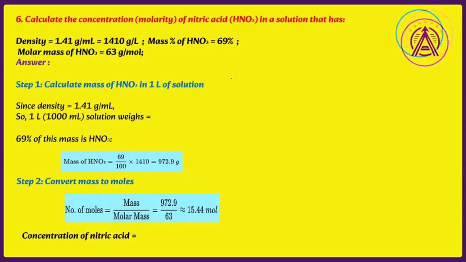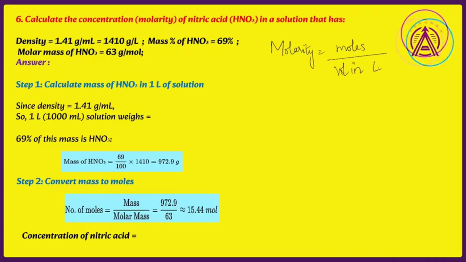So molarity, we know, is equal to moles by volume in liters. Okay? And they have given you the density. So density is nothing but mass by volume, correct?